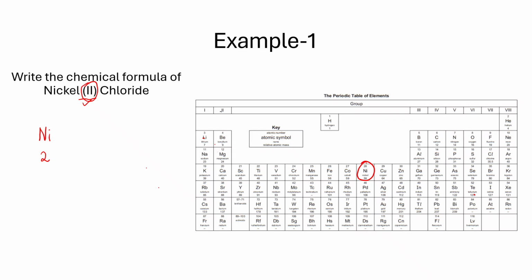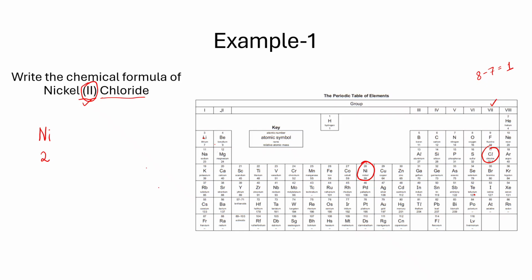The other element that's present here is chlorine, which is present in the form of chloride. So we know that chlorine is in group 7 of the periodic table, and we know that if an element is present in group 7 of the periodic table, then its valency is going to be 8 minus 7, which is 1.